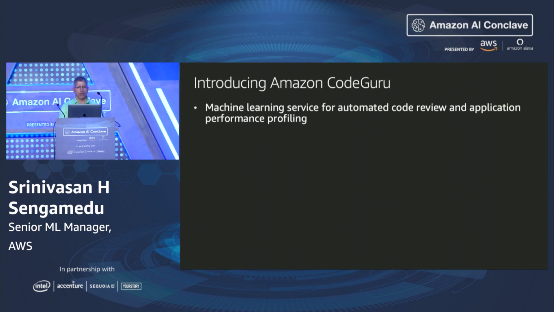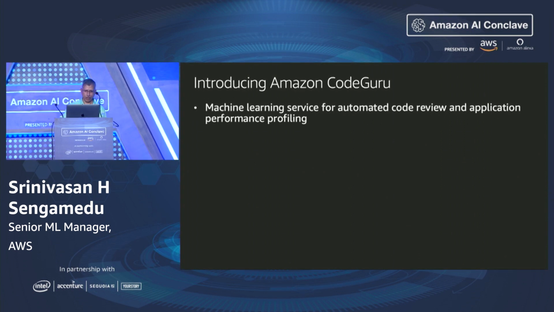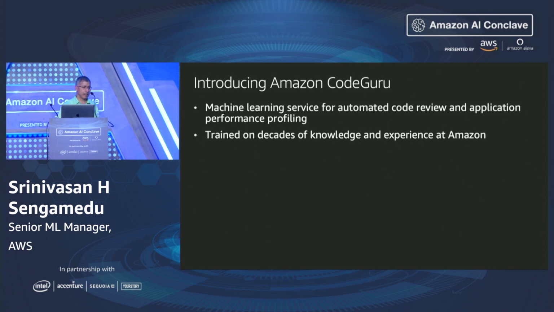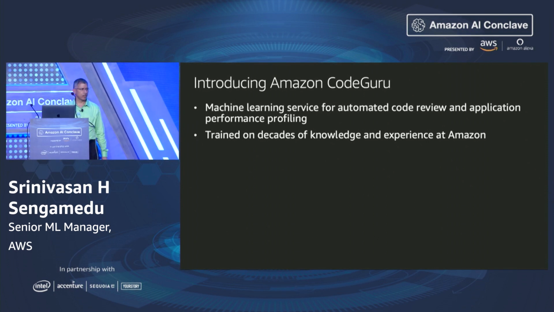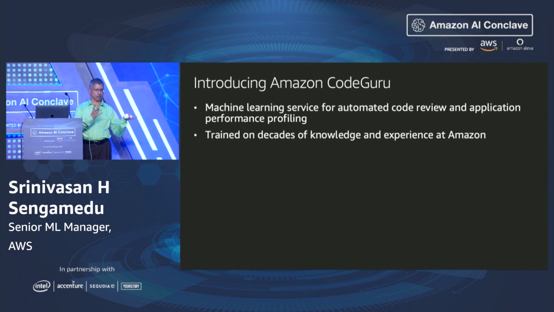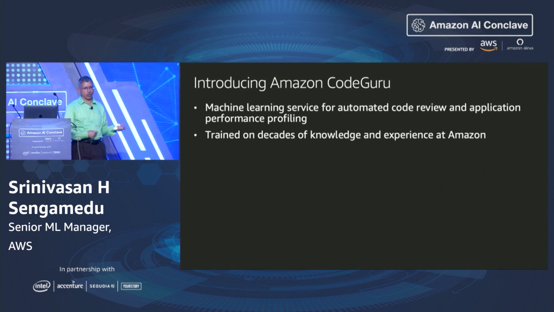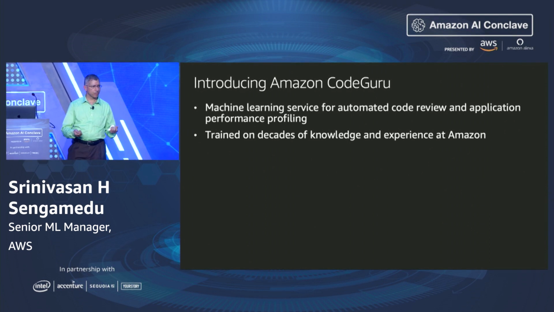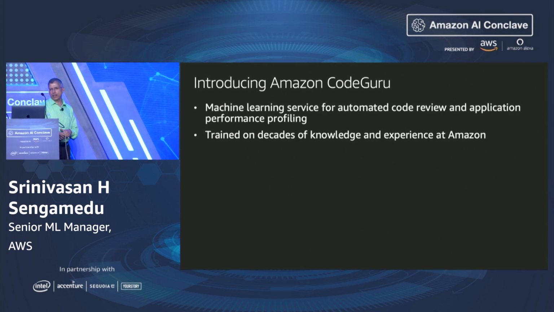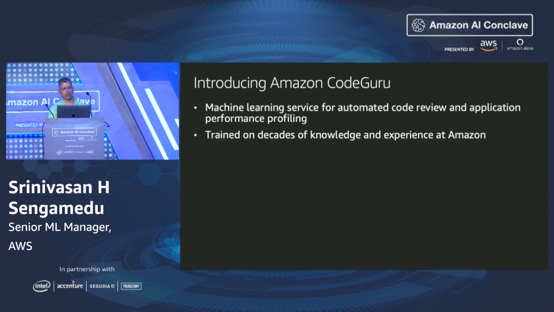As I mentioned, it's an ML service for automated code review and application performance profiling. It's based on decades of knowledge and experience at Amazon. So Amazon has a lot of experience in writing code, following best practices, deploying systems, optimizing for performance, and so on. So it leverages decades of experience and knowledge at Amazon.